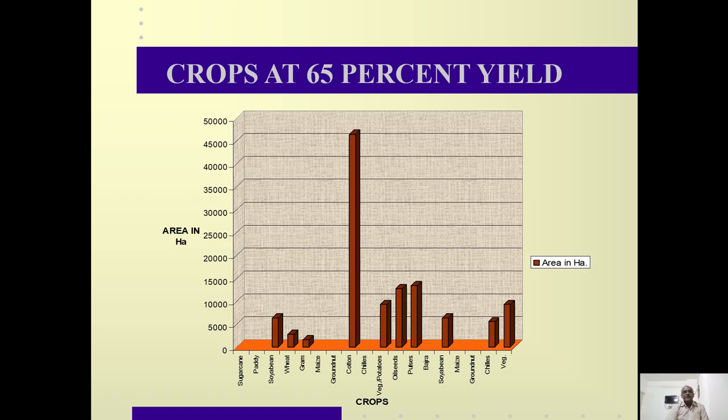This is the result for the 65% reliable or dependable flow. So here also you will find the different crops which are shown in the brown colors. Soybean, wheat, gram, then cotton constitutes the maximum benefits here. Then relatively vegetable and potatoes, oil seeds and the pulses.